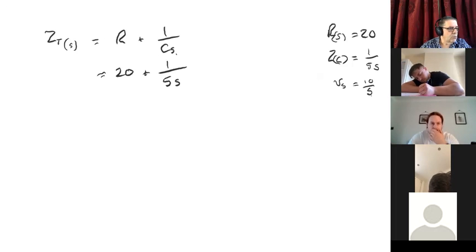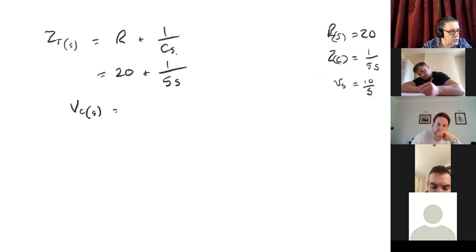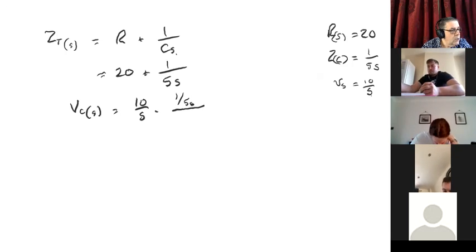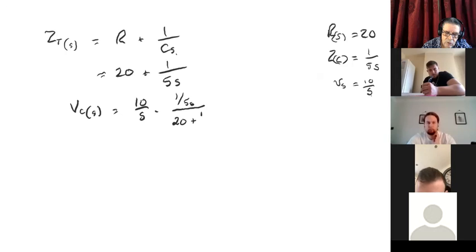So we can say that VC in S space is equal to the supply voltage, 10 over S, times ZC, so ZC is 1 over 5S, and then over ZT, so it's 20 plus 1 over 5S.